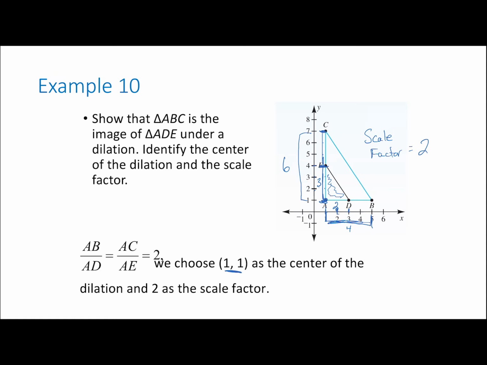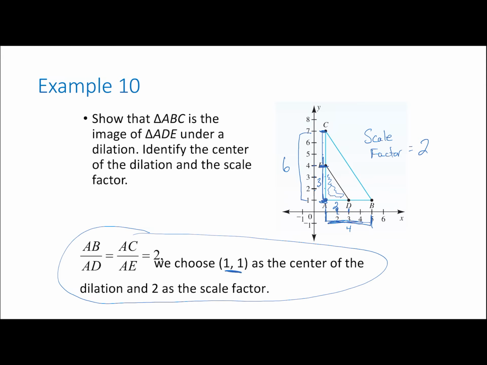Same thing is true with AC and AE. AC is 6. 6 divided by 3 is also 2. And so that scale factor is 2, and our center is at point A, because that point didn't change. We didn't move it anywhere, right? So point A is our center, and from that point it expanded out 2 times the length that it was. And that's what all this here at the bottom says. That tells us the answer.